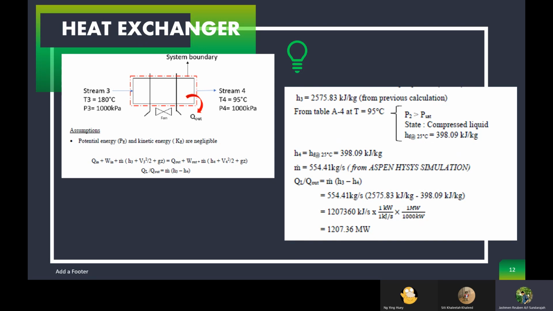The analysis was made to calculate the amount of heat rejected, and by calculating the enthalpy of the inlet and outlet stream of the heat exchanger using the parameters, and by also using the property table, we managed to prove the heat rejected value is the same as the one we got from the Aspen HYSYS simulation as well.